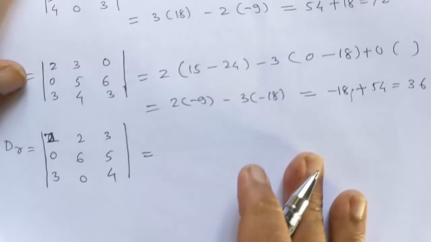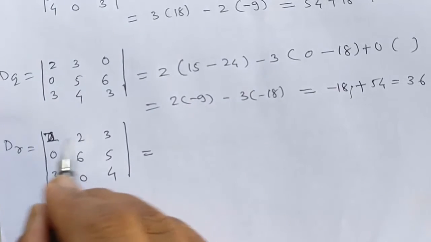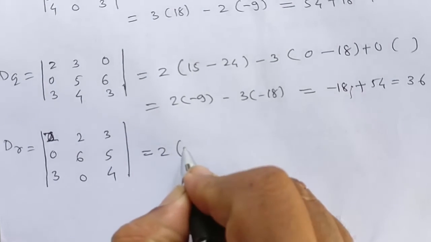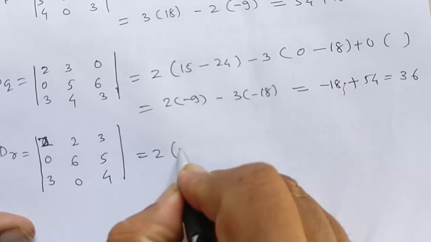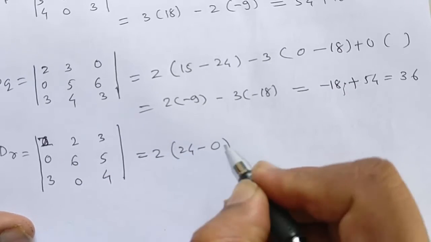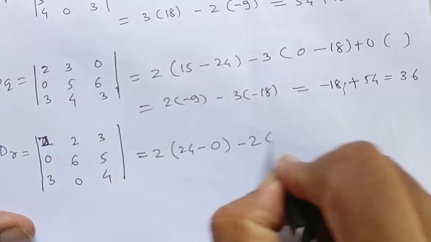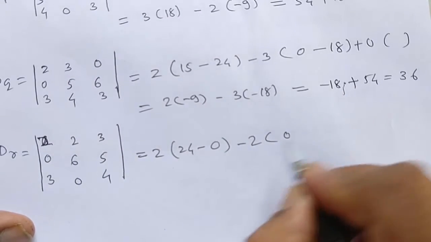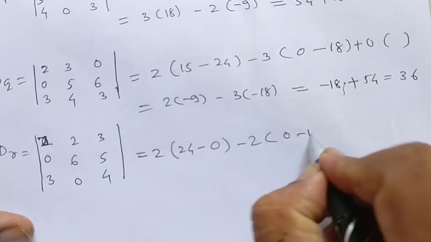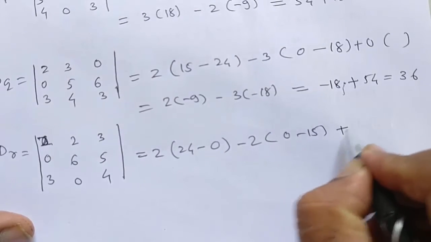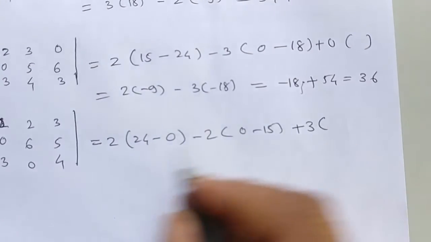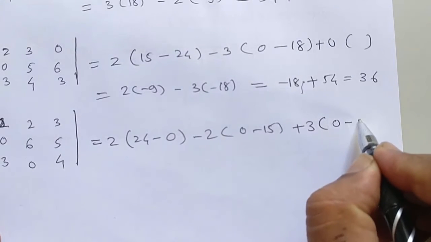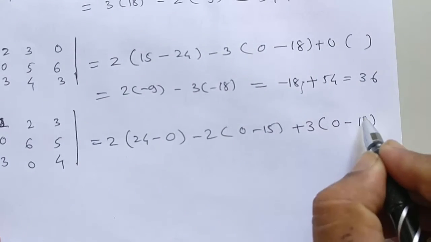Again expanding this determinant with the help of the elements of the first row, it is 2 into (6 into 4, 24, minus 0), minus 2 into (0 into 4, 0, minus 3 into 5, 15), plus 3 into (0 into 0, 0, minus 6 into 3, 18).